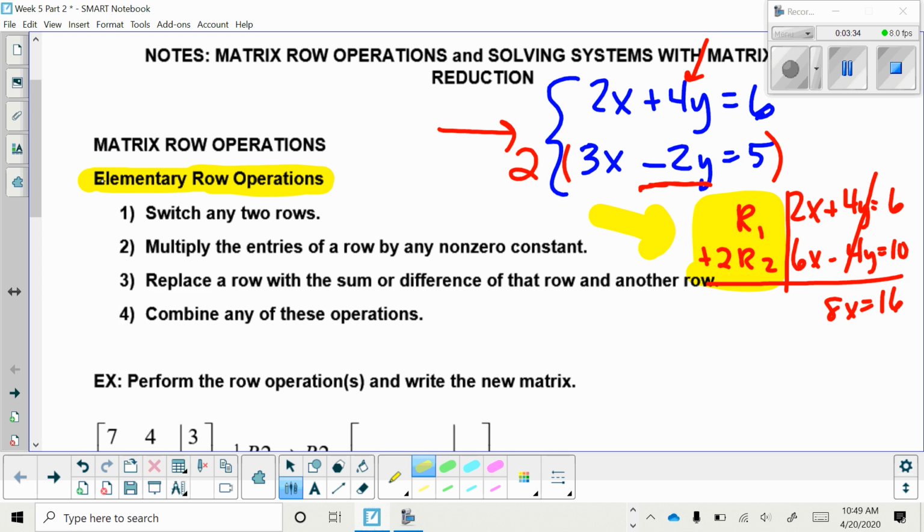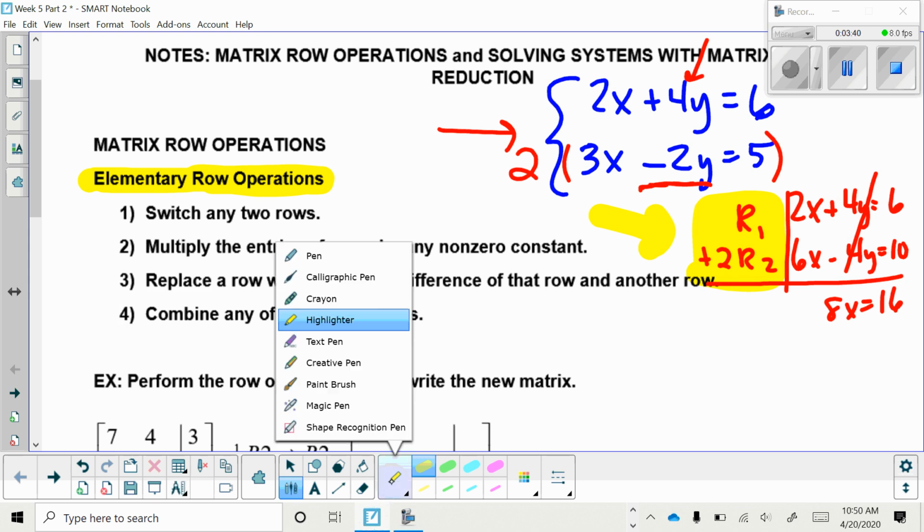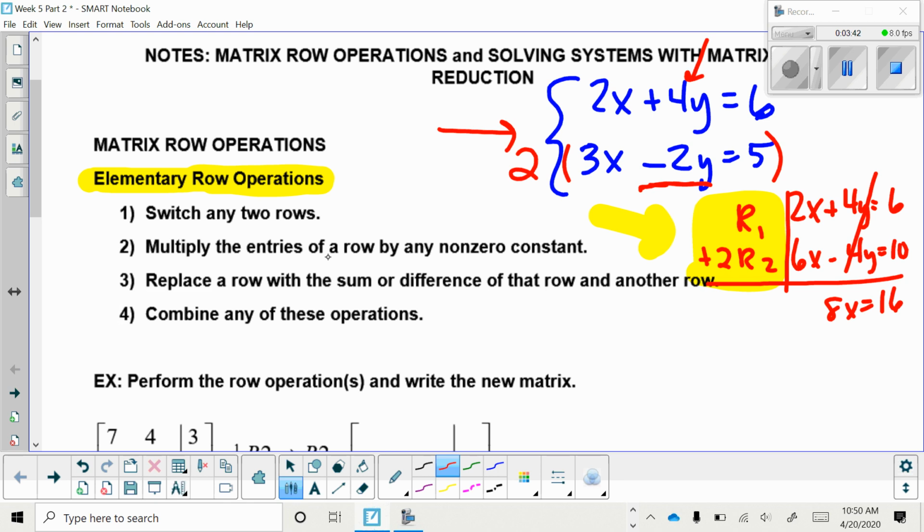You can, on 2, multiply the entries of a row by any non-zero constant. Okay, that's what I did right here when I multiplied a row by 2. And in mathematics, we like to be very specific, so we add in this word non-zero to remind you that you wouldn't want to multiply a row by 0. It would cancel out the entire thing and it wouldn't be helpful to you.